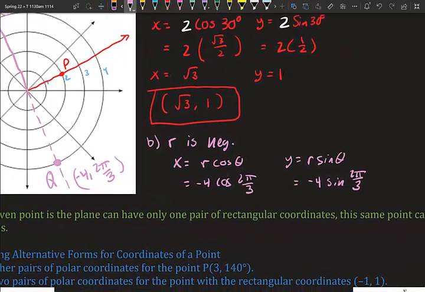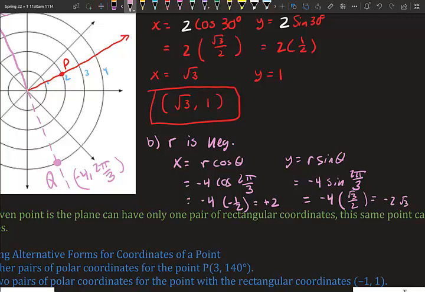Alright, we simplify. We have negative 4 cosine 2 pi over 3, which is negative 1/2. So we get positive 2. And then we keep simplifying for the right side. Negative 4 sine 2 pi over 3. Sine 2 pi over 3 is square root of 3 over 2, which we can simplify into negative 2 square root of 3.